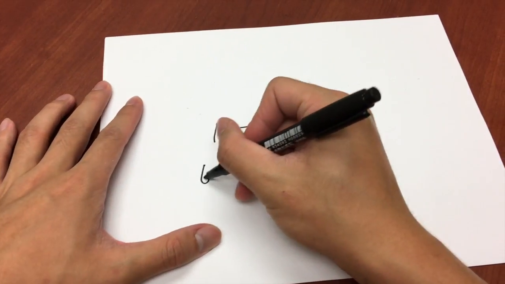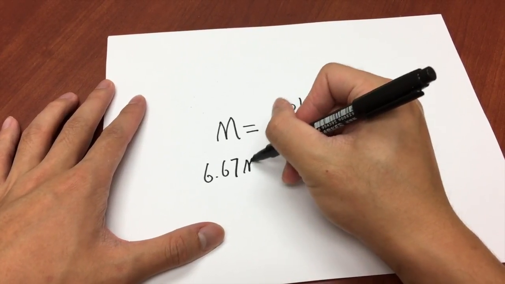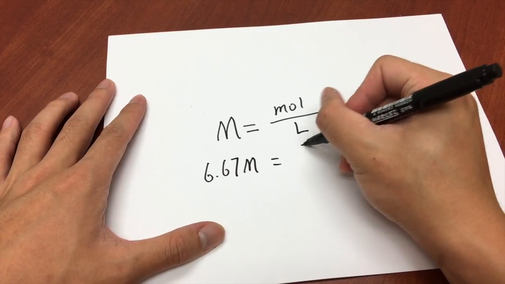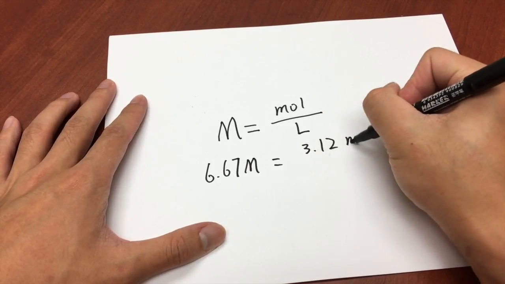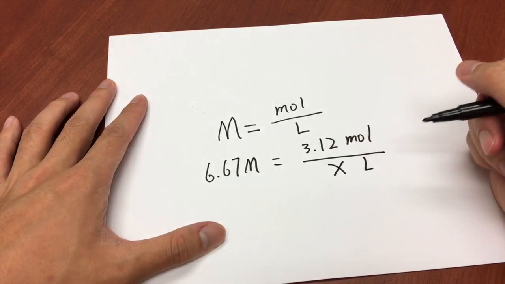Here we know the molarity, 6.67, and it is equal to 3.12 moles over x liters.